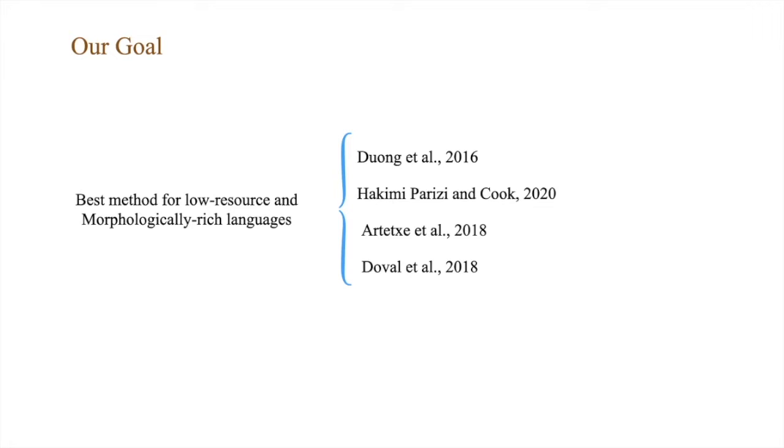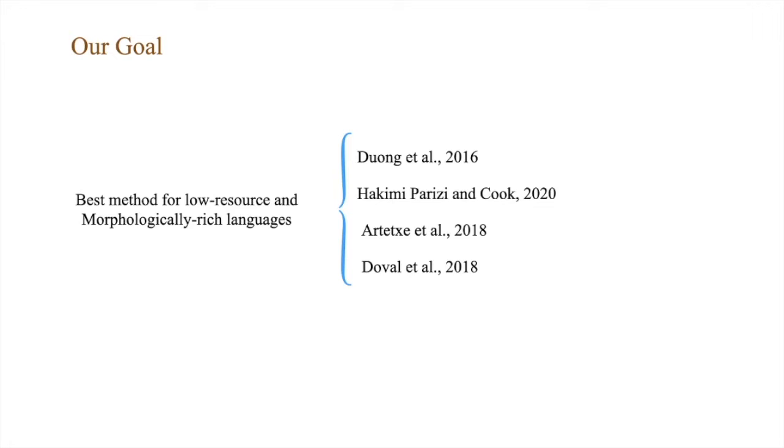In this paper, we try to evaluate these four models and apply them on lower resource and morphologically rich languages and see which one is more capable of providing higher quality embeddings for lower resource languages. Duong et al., which is a joint training method that trains word embeddings at the word level.